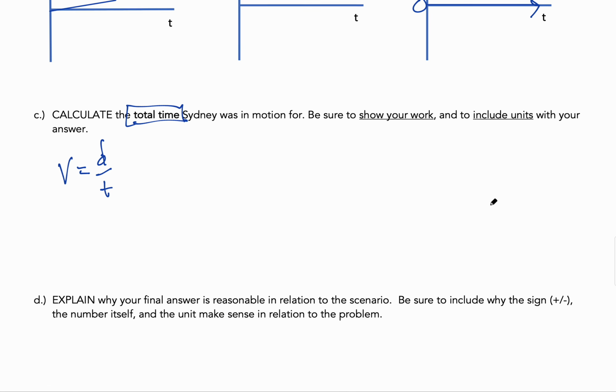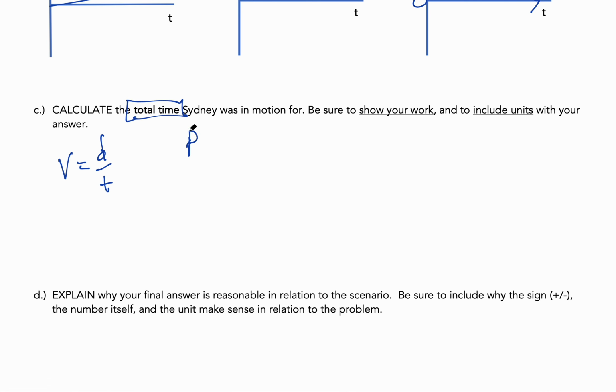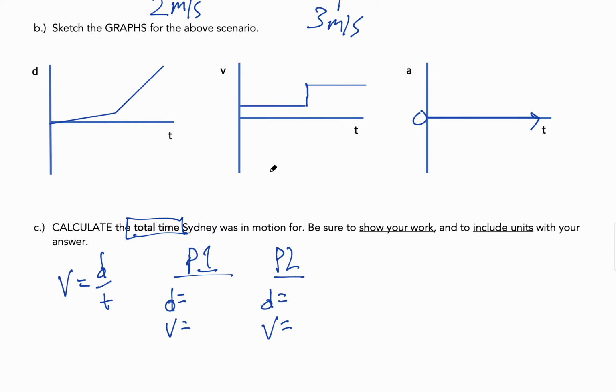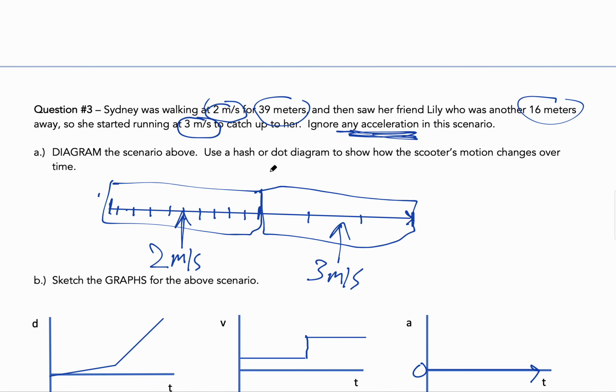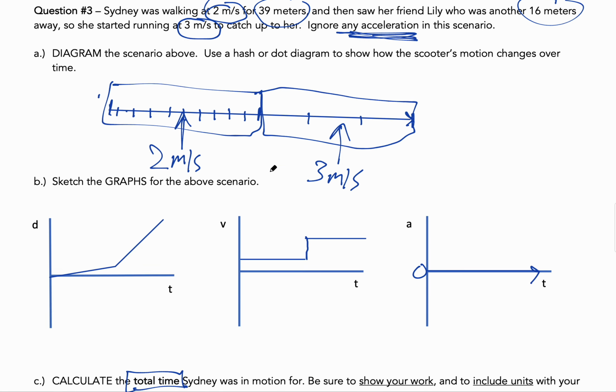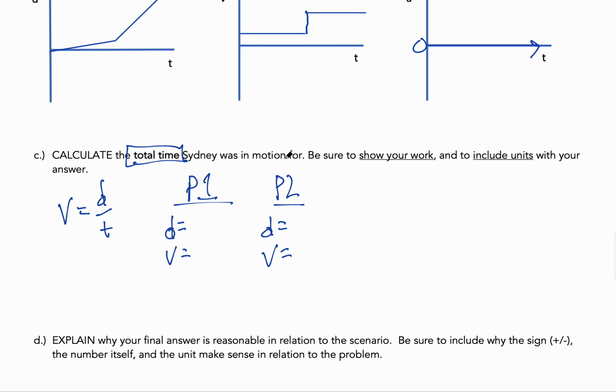So the first part of our travel, I've just labeled it part 1, P1 for part 1. We have a distance and a velocity. And then for part 2, that's a terrible P even for me, we have a distance and a velocity as well. So let's go ahead and look back up at what those are. 2 meters a second for 39 meters.